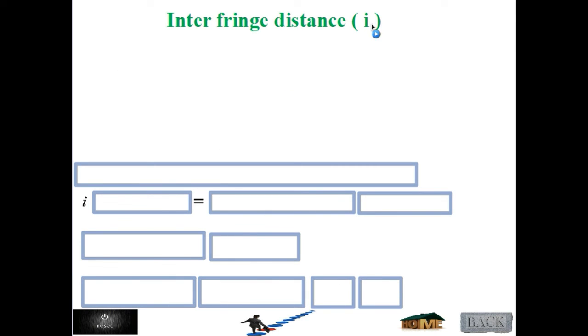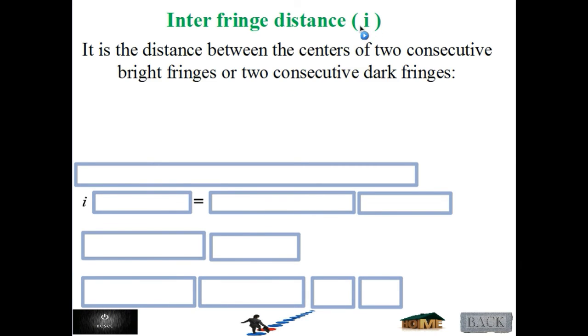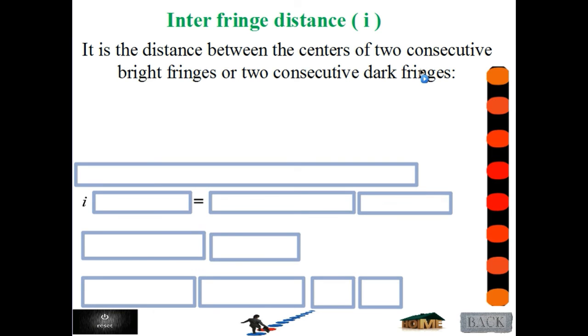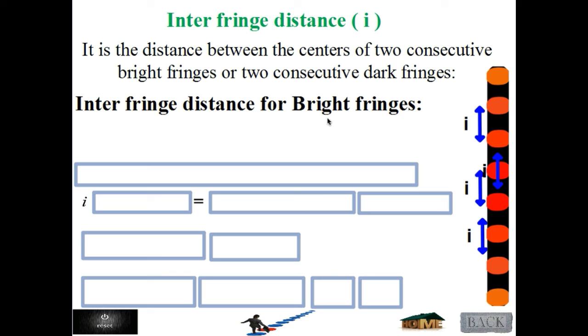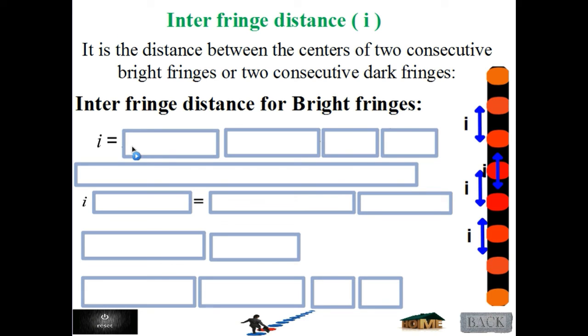Interfringe distance, we denote it by i, is the distance between the centers of two consecutive bright fringes or two consecutive dark fringes. Here in the interference pattern, the distance between the centers of two consecutive bright fringes is i, and the distance between the centers of two consecutive dark fringes is also i, the interfringe. Let us calculate the interfringe distance for bright fringes: x(k+1) minus xk.